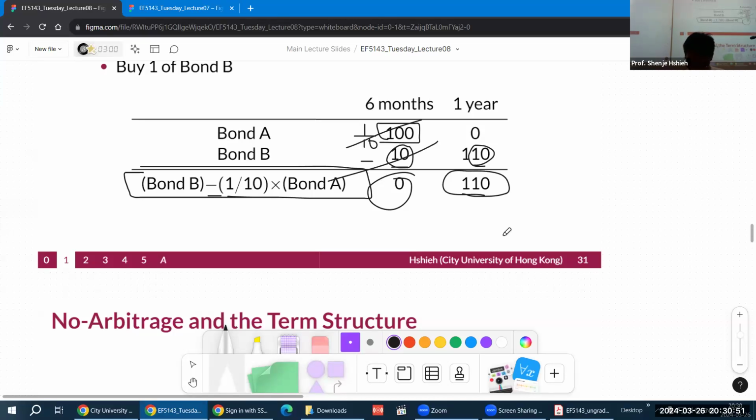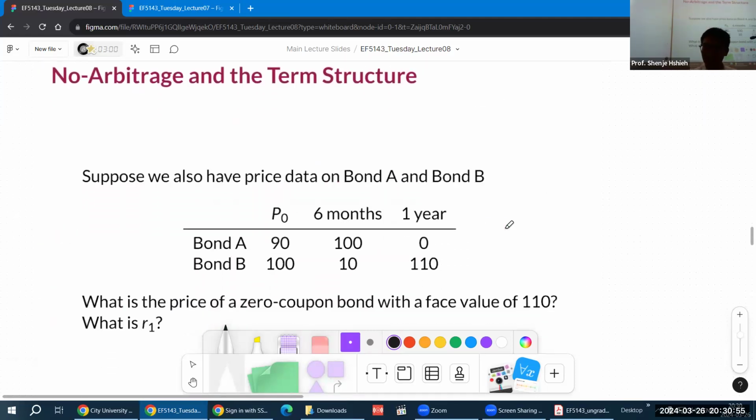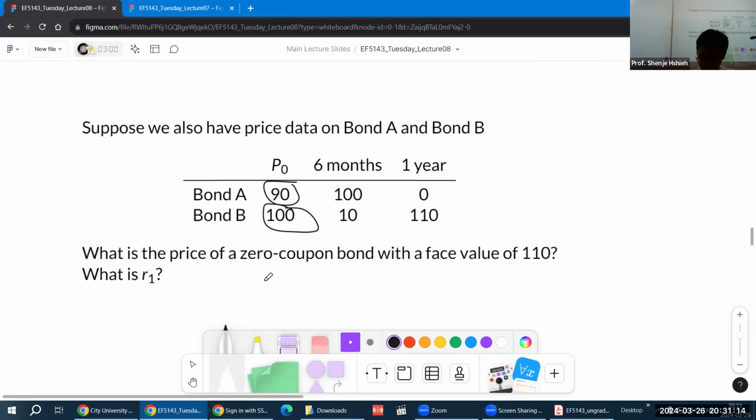Yeah, that's the idea. So I didn't give you any price values, so let's give you some. Suppose bond A has a price of 90, bond B has a price of 100. With those numbers, you can now calculate the value of your portfolio and then use the portfolio to back out the proper interest rate for 1 year.